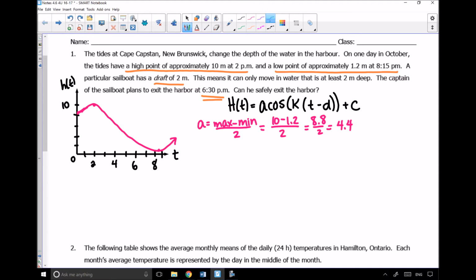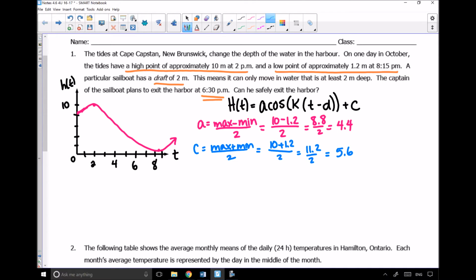The next thing I'm going to find out is my c value. To find the c, instead of doing the max minus the min, we're going to add the max and the min together and divide that by 2, because we're finding the average. So the max is 10, the min is 1.2, I get 11.2 divided by 2, which is 5.6.